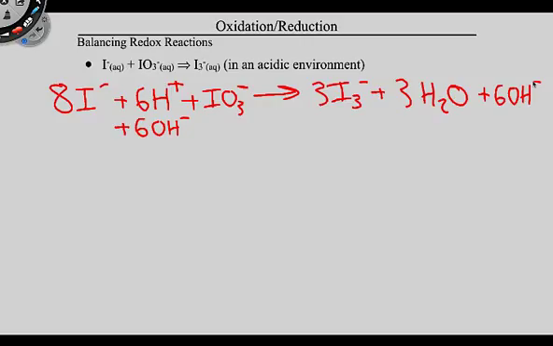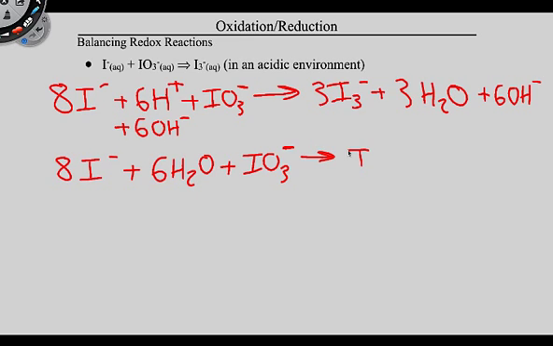And then what that does then, guys, is it gives you this. 8I minus plus, what happens to those? They make 6 waters plus an IO3 minus yields I3 minuses, 3 waters, and now 6 OHs.